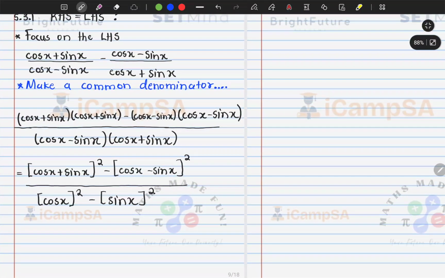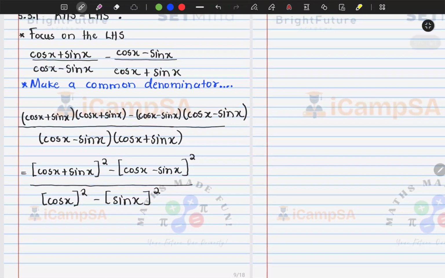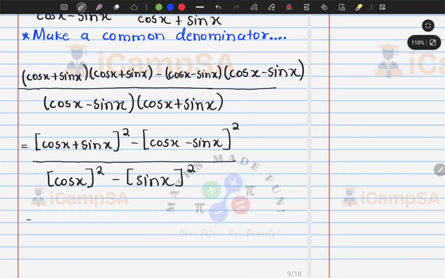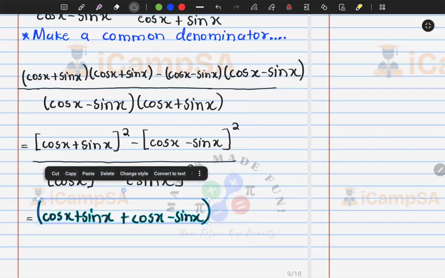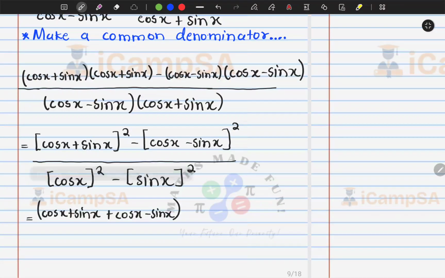Okay, so we can go ahead and simplify the numerator because it is a difference of 2 squares. So a difference of 2 squares, we know it's just going to be cos of x plus sine of x, we add what we see, which means plus cos of x minus sine of x. Okay, that's the first bracket. Then let's go for the second one. So for the second one, we have cos of x plus sine x. We now subtract.